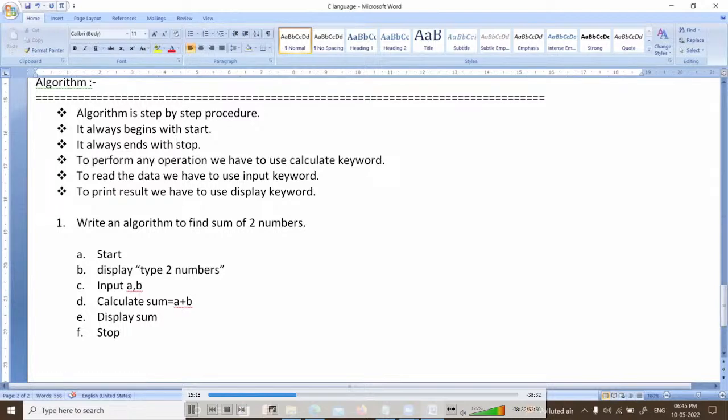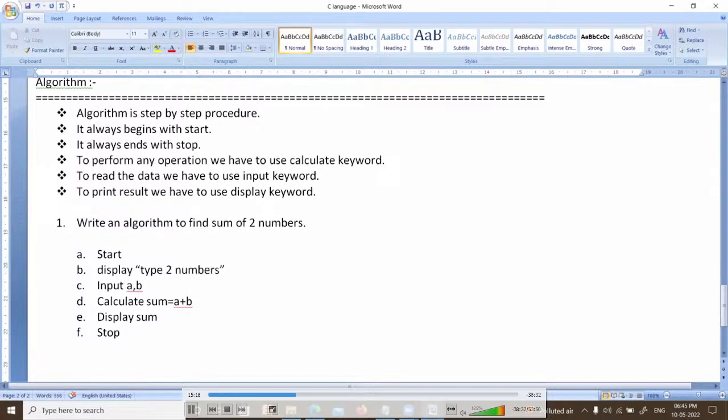After that, what to do? We have to display the result. How to display? By using display command. Display. What you have to display? Area. Now display area. After displaying the area, what we have to do? Finally, we have to stop the algorithm. So stop. It is the algorithm.